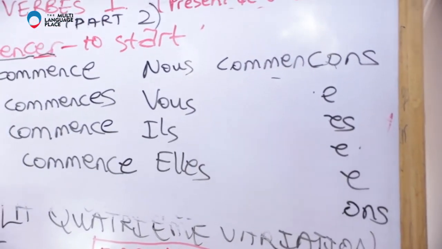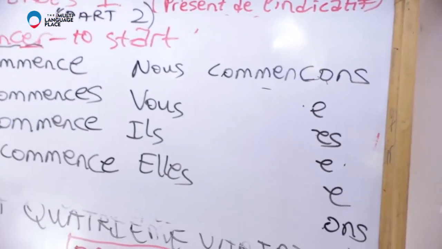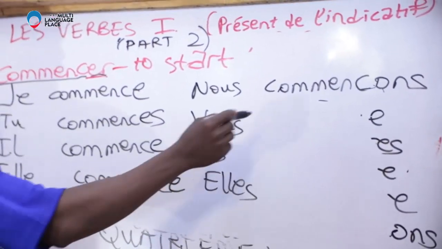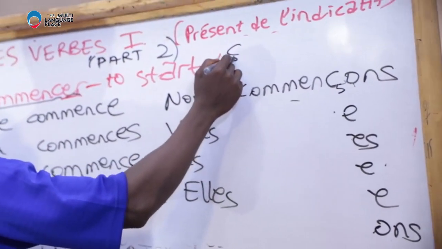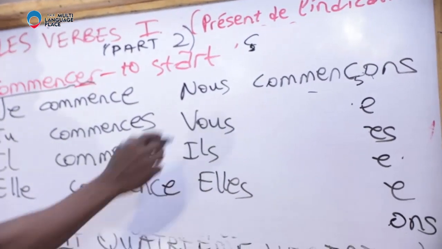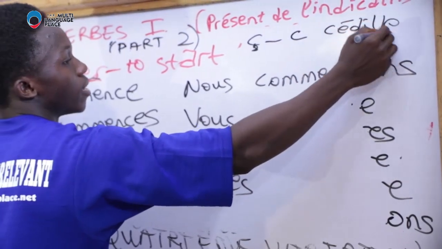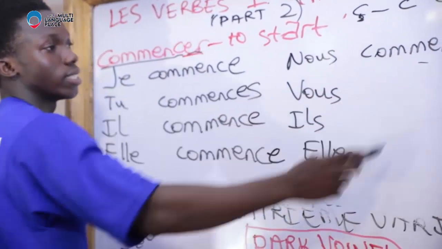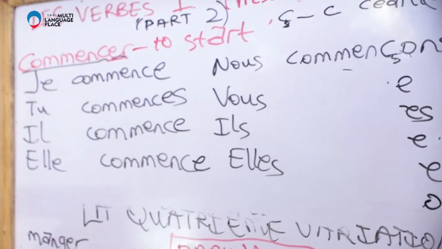But we don't want that, because we pronounce this as je commence, tu commences, il commence, elle commence; nous commencons would not go. So we add this sign, cédille. This is a special character in French and it is pronounced cédille. Cédille makes us continue pronouncing it as S. So this is pronounced commençons.